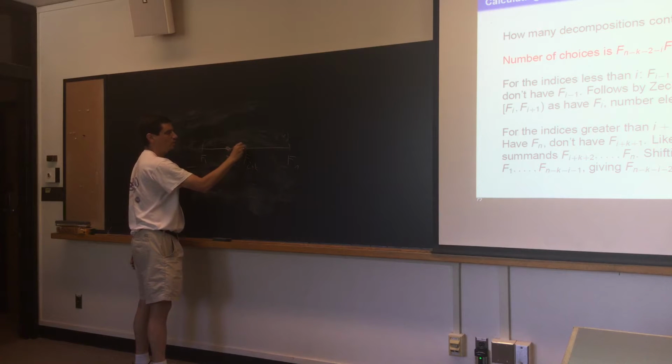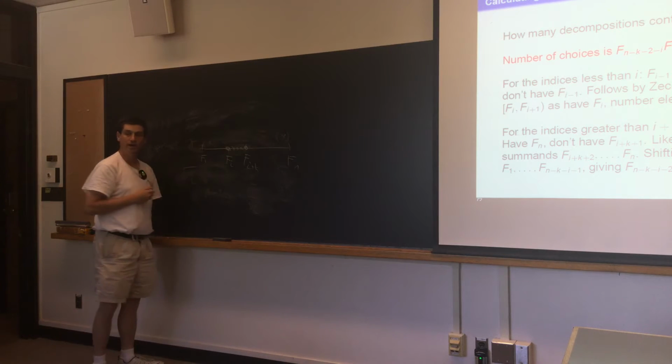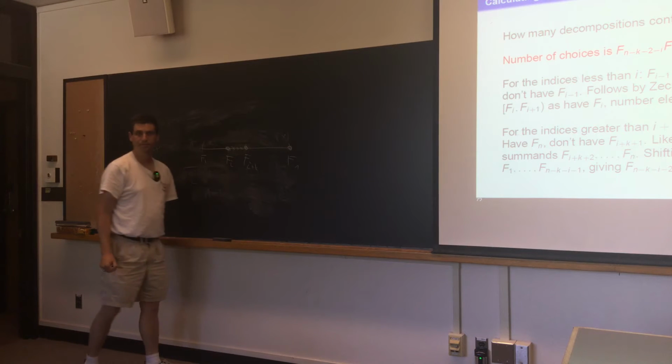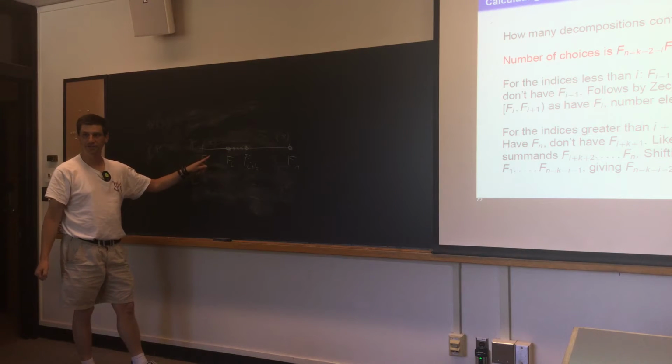We have f_i, we have f_{i+k}, we don't have anything in between. We may or may not have f_1, we know we have f_n. So I want to count how many legal ways there are to fill in stuff here.